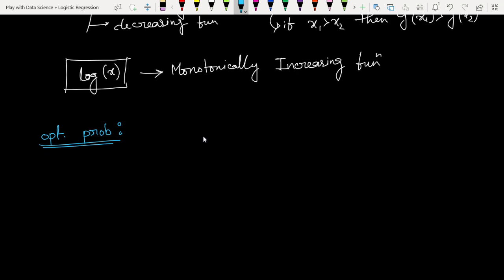Suppose our optimization problem is: we have to find an x which is the arg min of x square over all x. This is our main optimization problem, that is, we have to find the best x among all of the x.